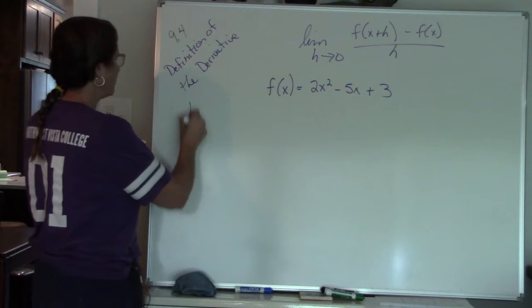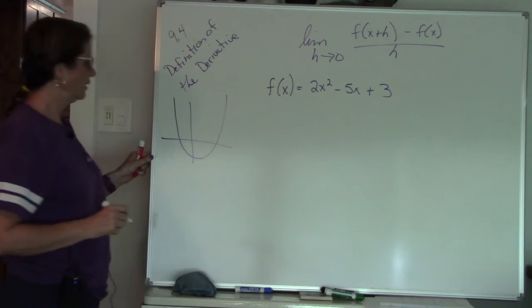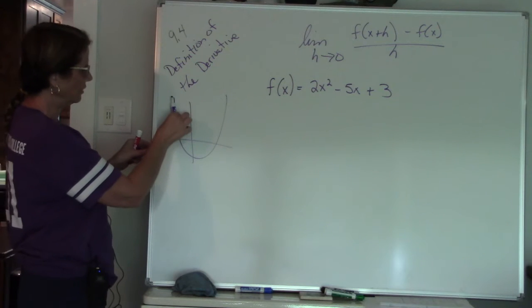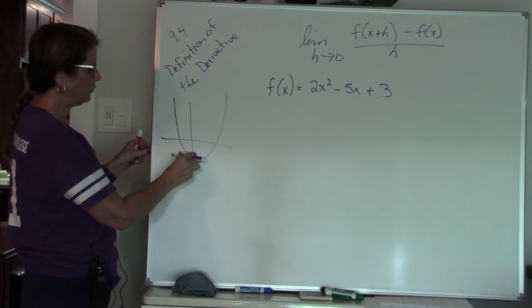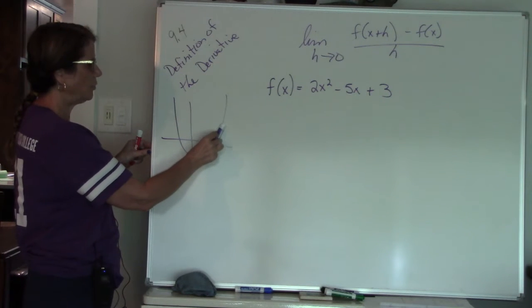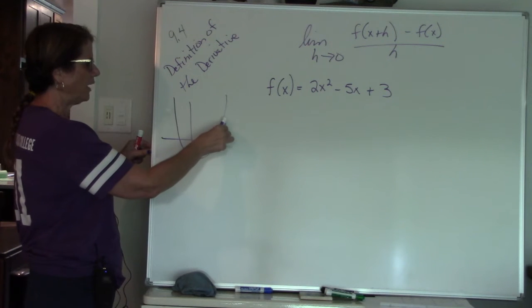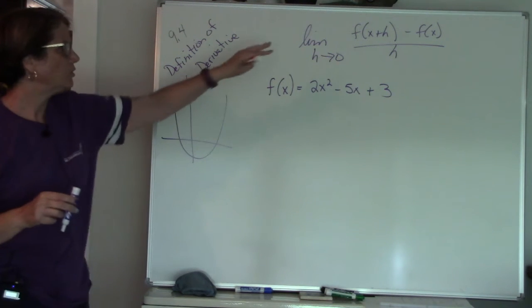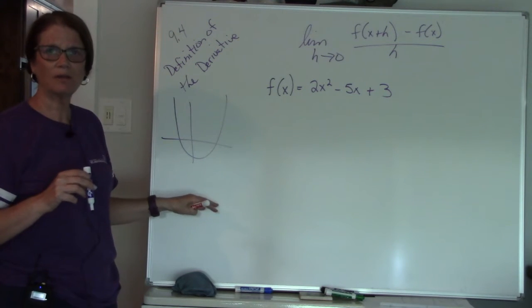So if you remember, a parabola looks something like this, right? Well, over here, my slope is negative. Then it hits a point where my slope is 0, and then it changes to positive. Well, I have a negative slope here, I have a positive slope here. Using the definition of the derivative, I can find the slope anywhere on my graph.